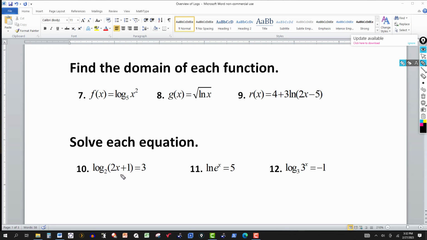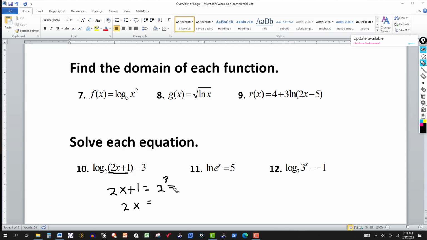And for number 10, basic equation. Can't get any more basic than this. Using your definition, we know that this right here, 2x plus 1, has to equal whatever the base is, in this case 2, taken to the number on the right, that's 3. So we subtract 1 from both sides to isolate that term with the x.